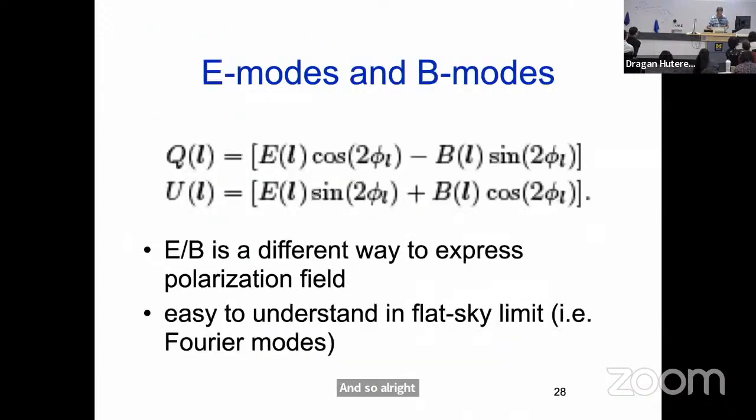I said that sometimes it's easier to do this in flat sky, and in particular, E modes and B modes are super easy in flat sky.